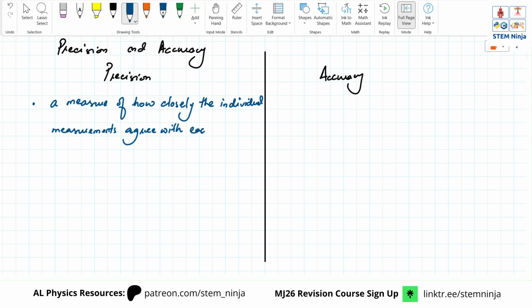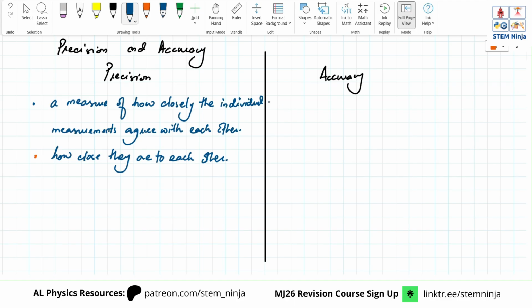In short, how close they are to each other.